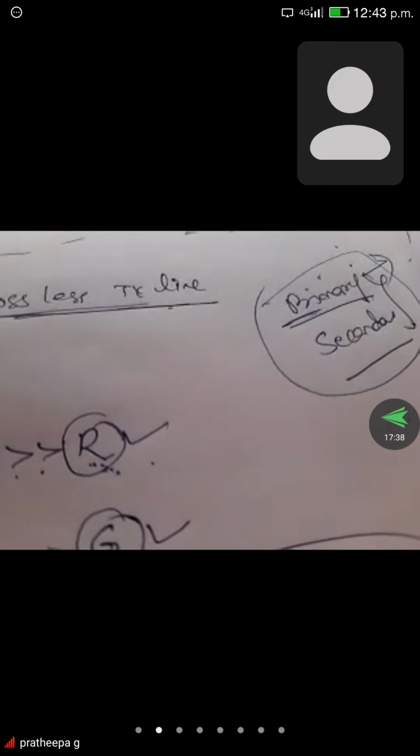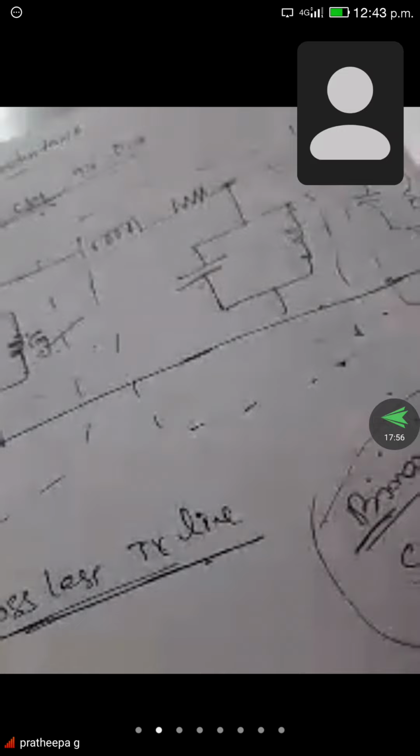So what are the primary constants? L, R, C, G. Okay? L, R, C, G. So these are the primary constants.